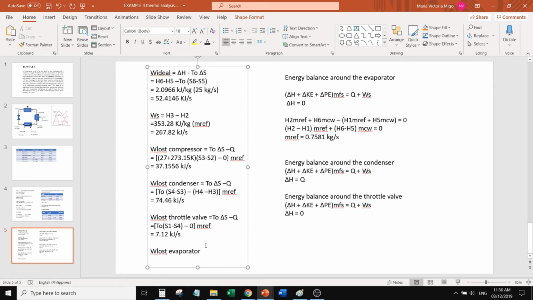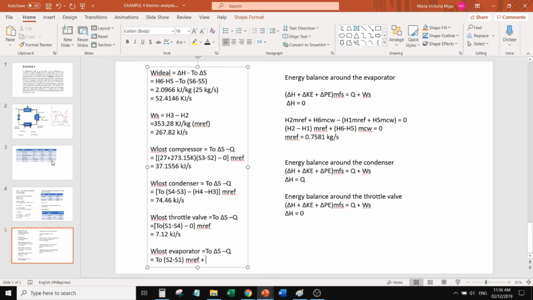So our T naught there should also be S2 minus S1 times mass of the refrigerant.